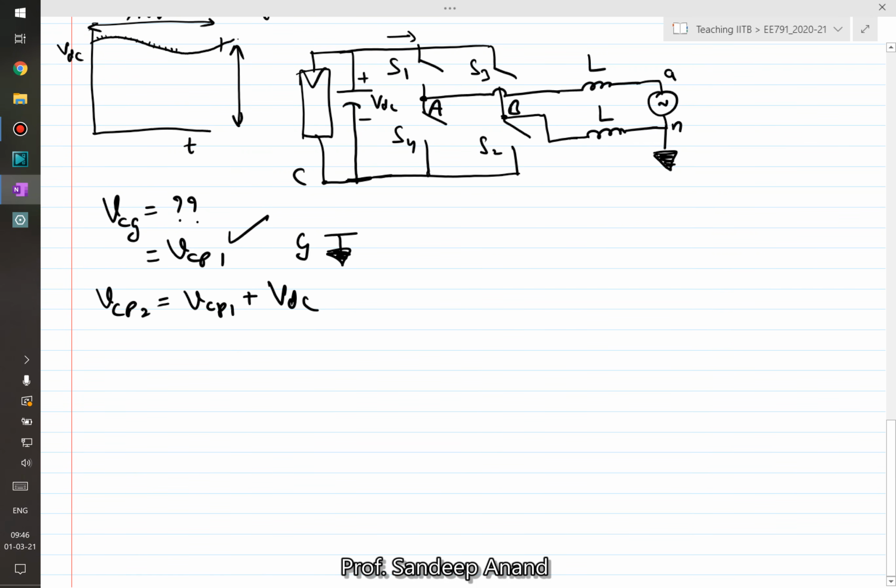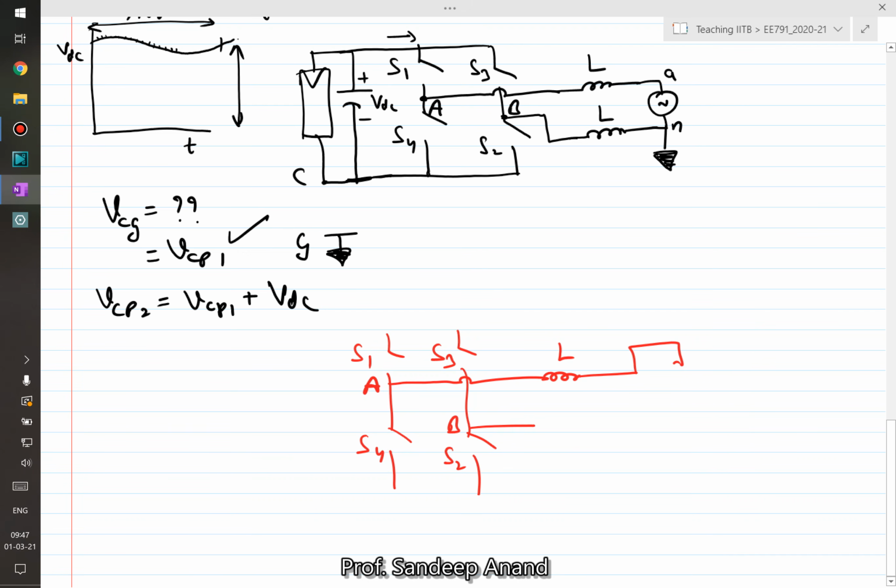So let's start analyzing this circuit and try to find VCG. Now I am redrawing the circuit just to make our analysis a little bit simpler. S1, S2, S3, S4, this point is A, this point is B, and there is L. Now instead of showing a single AC source, I am splitting it into half and half.